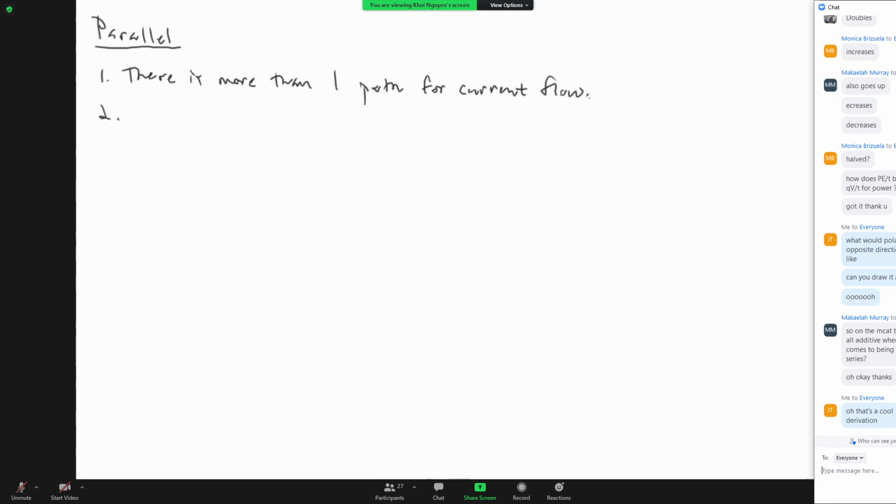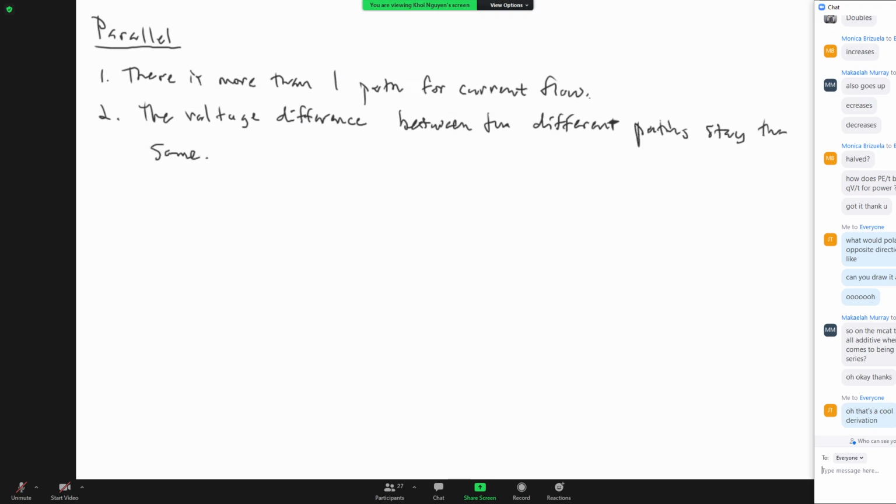However, the voltage difference between the different paths stays the same. So let's take a look at how those voltage differences between the different paths stay the same. And now we're going to look at things in parallel and how to do circuit analysis for this.